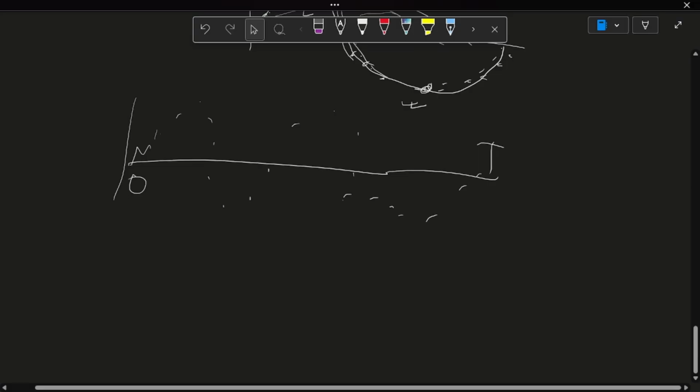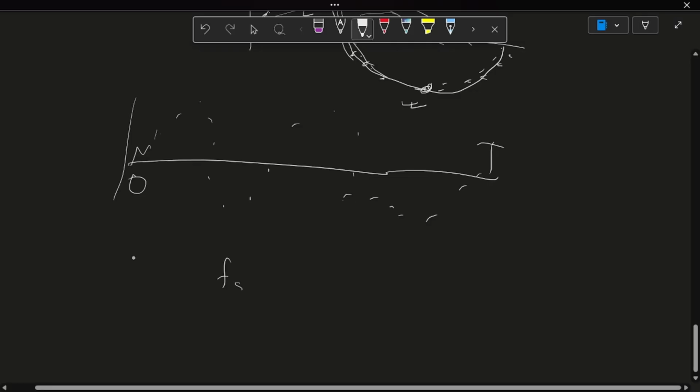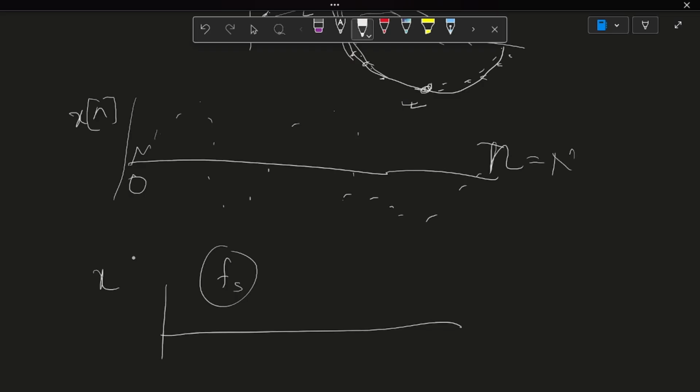Suppose your sampling frequency is fs. This is x[n], as a function of n, going up to n.